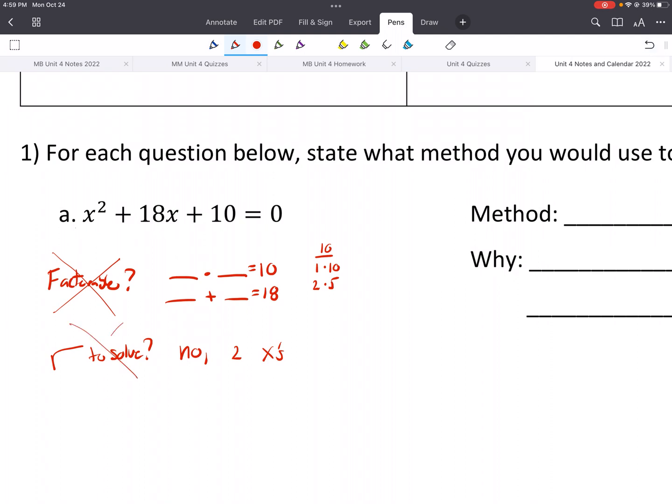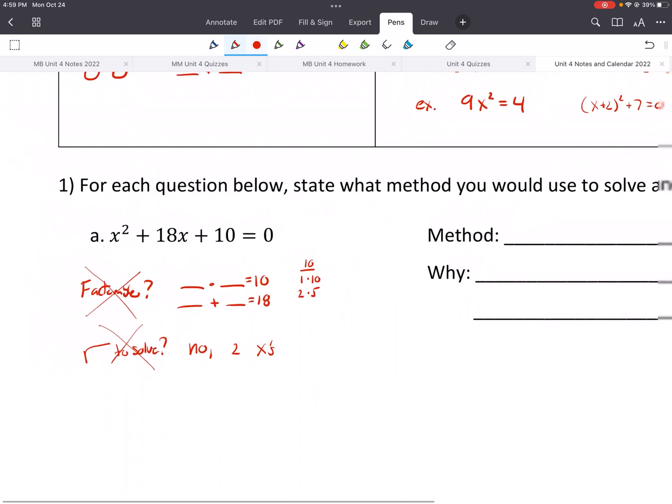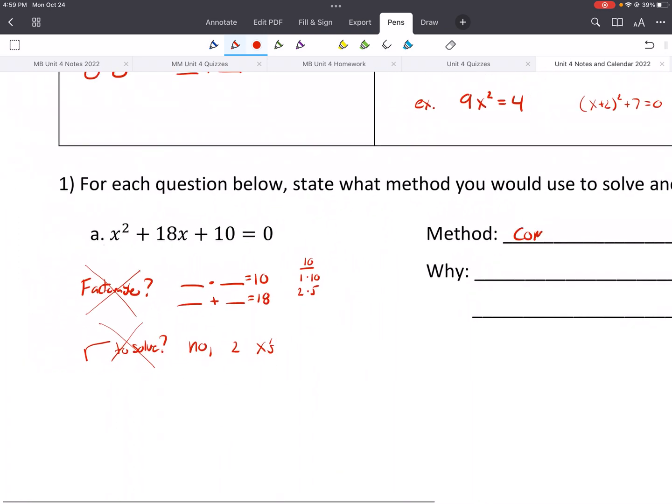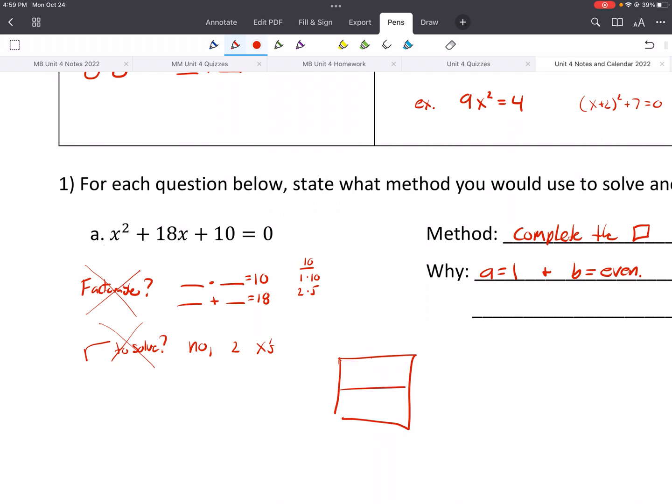The next thing would be complete the square, and we're going to say yes, and we'll talk about why. To complete the square, it works well because a equals 1 and b is even. So we're going to give that a try and see if we can get it to work.